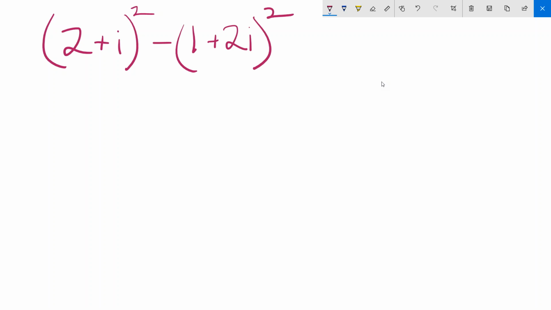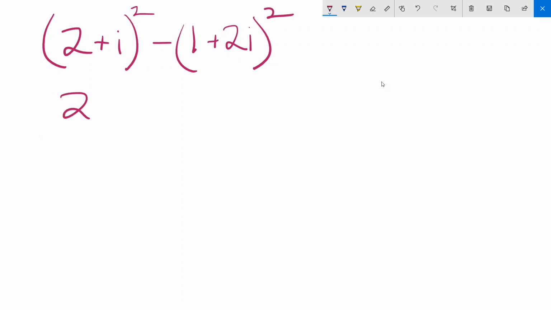Parentheses 2 plus i, and parentheses squared, minus 1 plus 2i squared, in parentheses. Okay. So it would be 4 plus i squared, which is negative. Hold on. Make sure you do that right. That's the most common mistake in algebra.